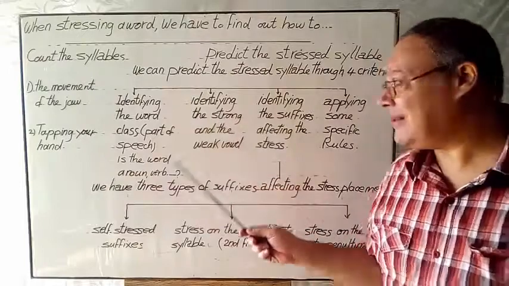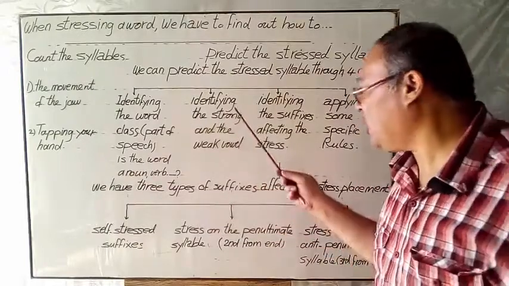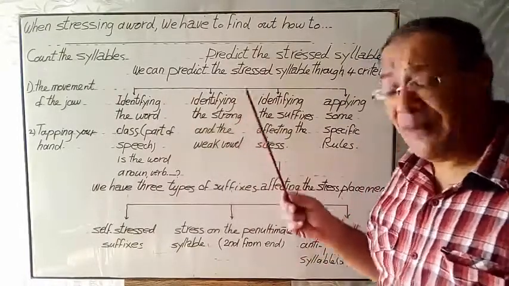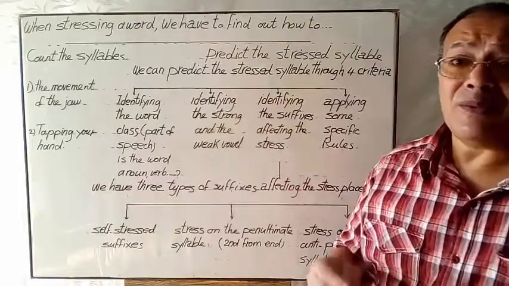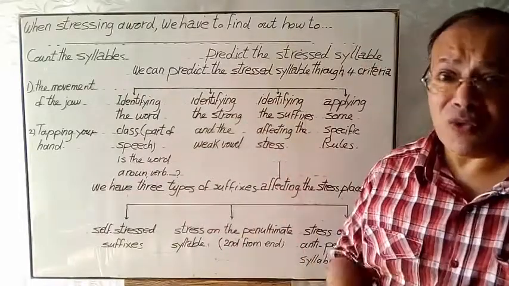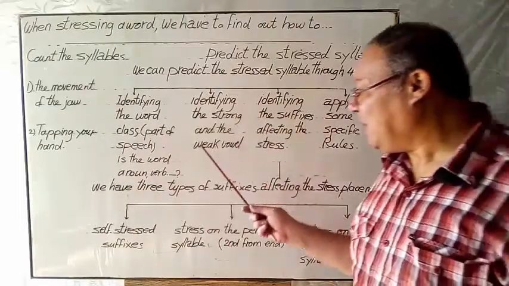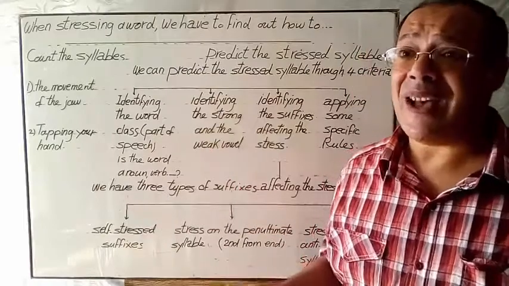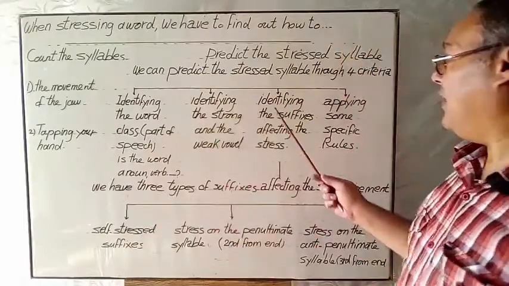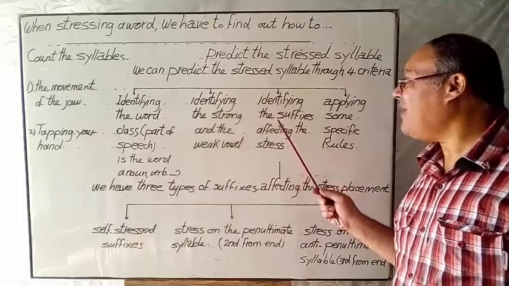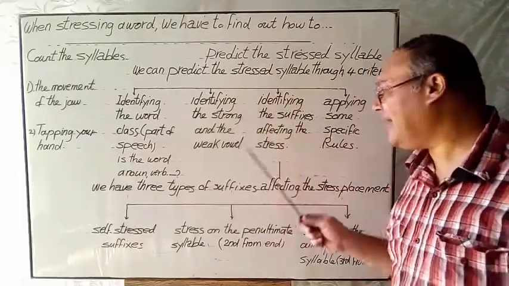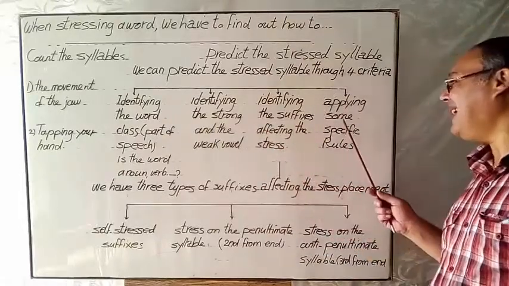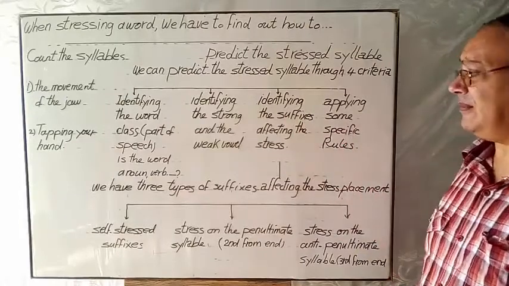The strong syllable has a strong vowel, long vowel, diphthong, or vowel plus one or more consonants. The weak syllable has a short vowel sound. 3. By identifying the suffixes affecting the stress. 4. By applying some specific rules.